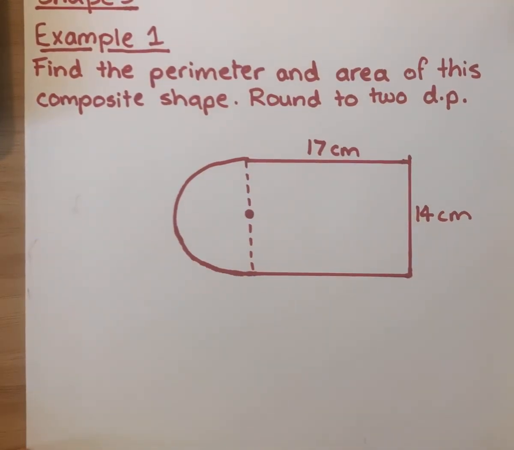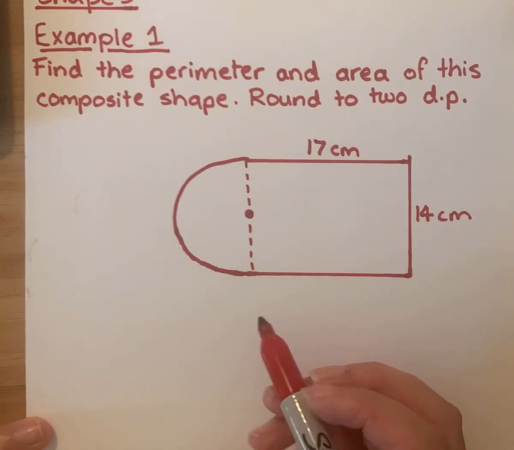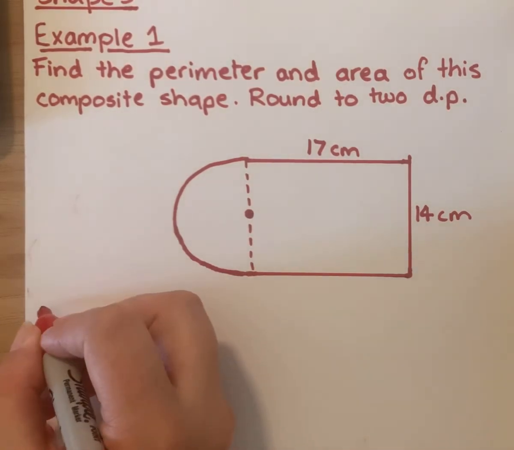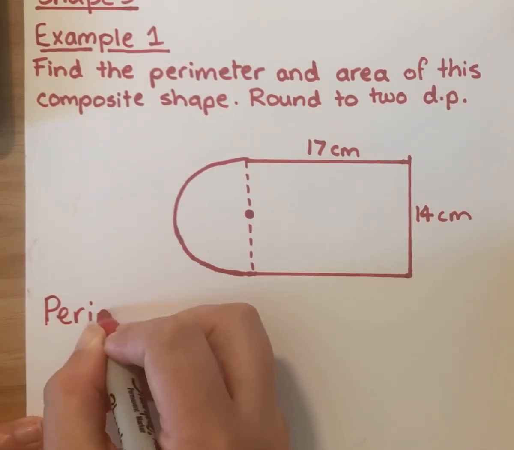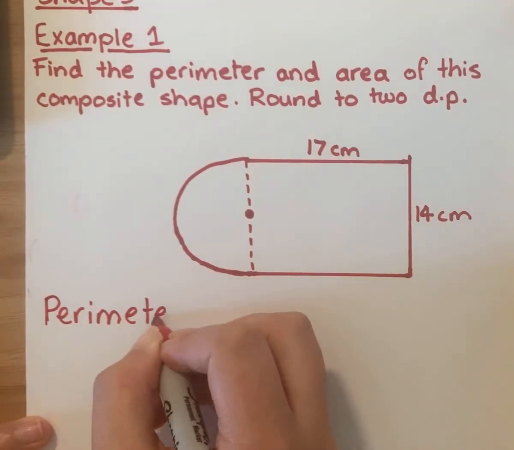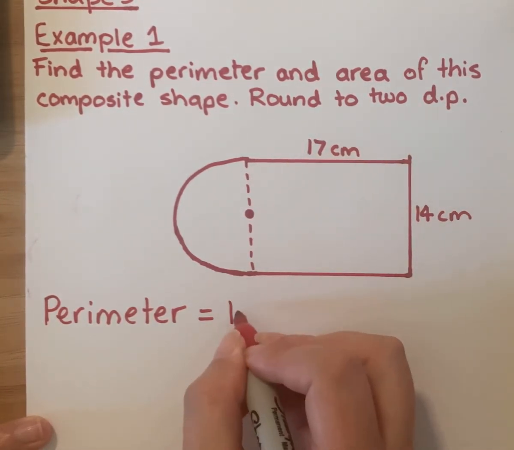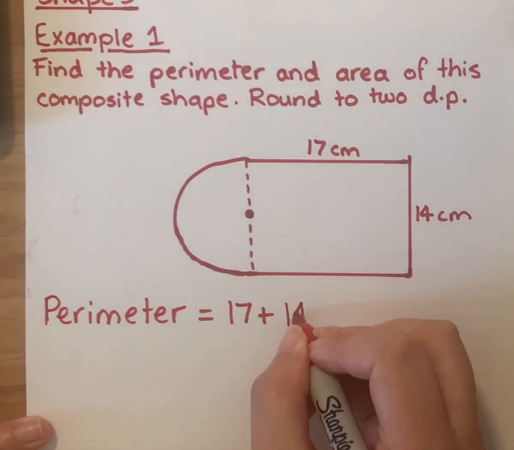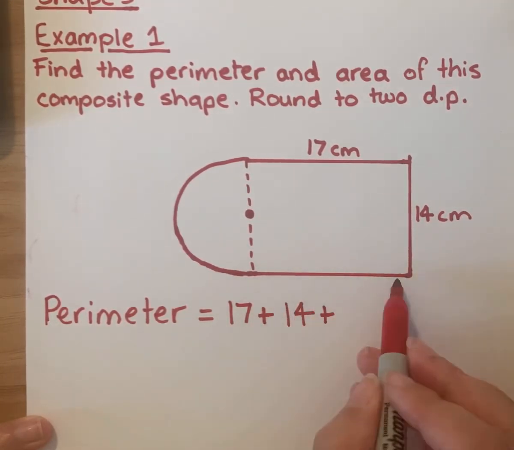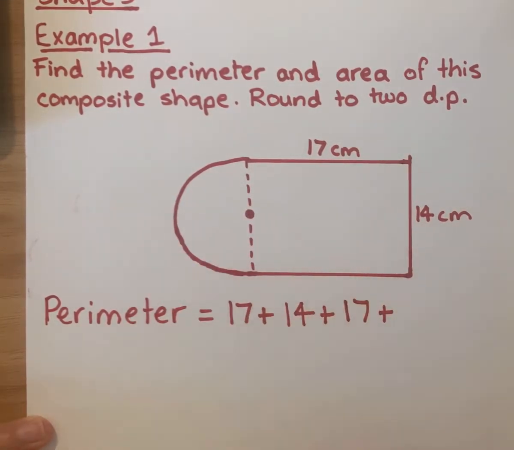All right, so example 1, find the perimeter and area of this composite shape, round to 2 decimal places. Alrighty, so we need to find the perimeter first, and we just said that the perimeter is going to be equal to this side, so 17, plus this side, 14. It's just the edge of the shape, the outline of the shape, plus 17 again, plus the arc length.